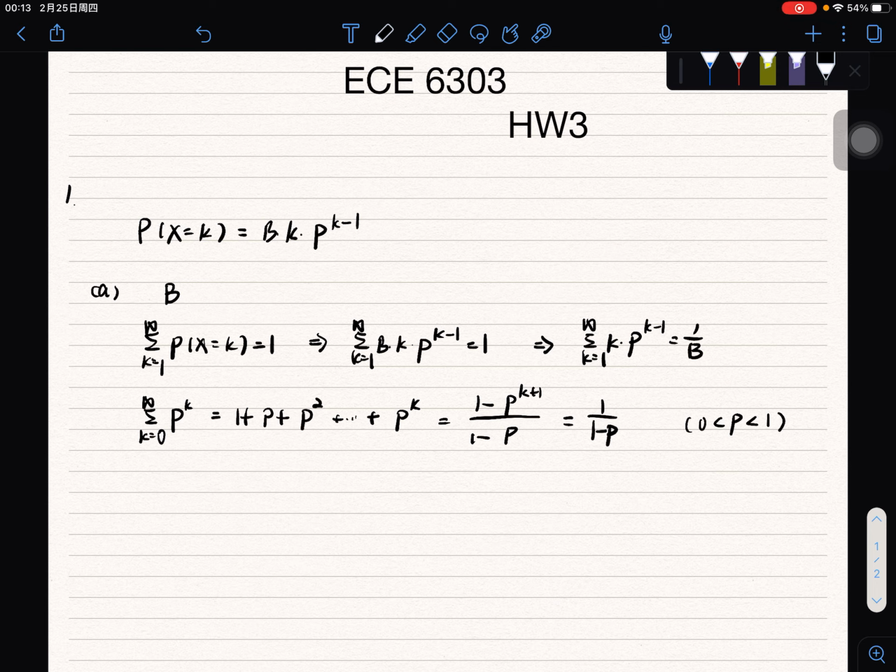And then we take the differentiation with respect to p, and we will get the summation k from 0 to infinity of k multiply p to the k minus 1 equals 1 divided by (1 minus p) squared.